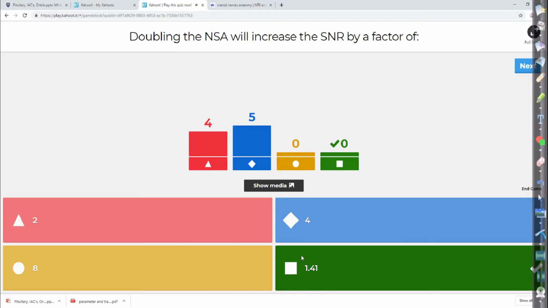Square root of 2. That's the answer. Double NSA, you do square root of 2, or whatever you increase your NSA, SNR. So this is a little different, not scan time, SNR. So just be mindful what they're asking.